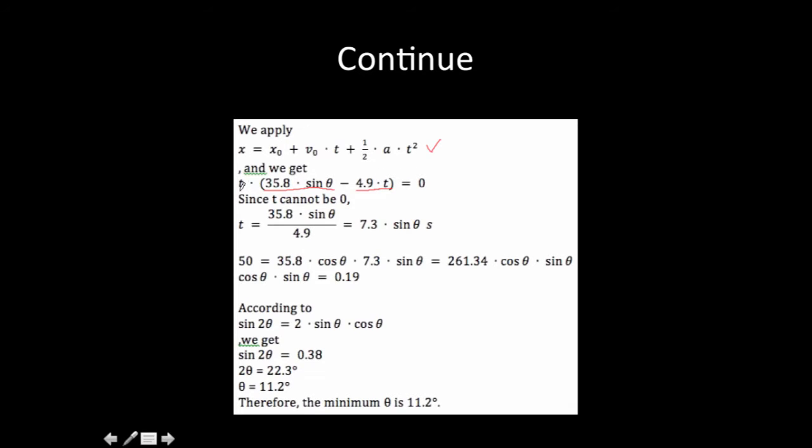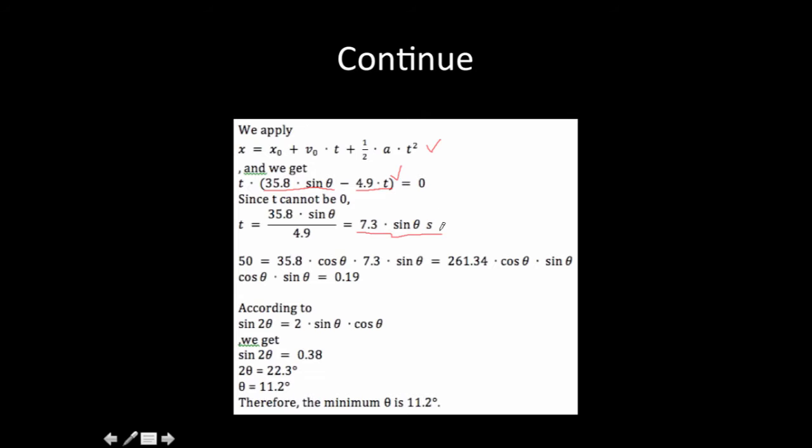We know that t cannot be 0, so the only possible 0 is in this part. Then we just change their places and we get t equals 7.3 multiplied by sine theta. This is the time we will have.